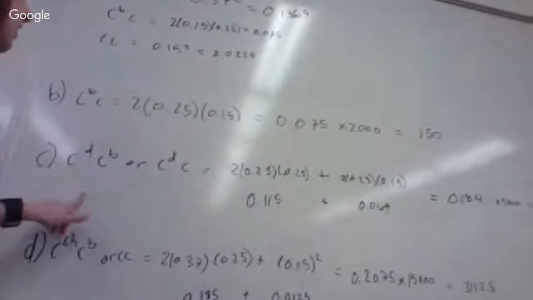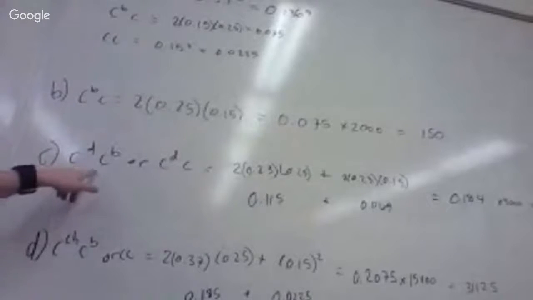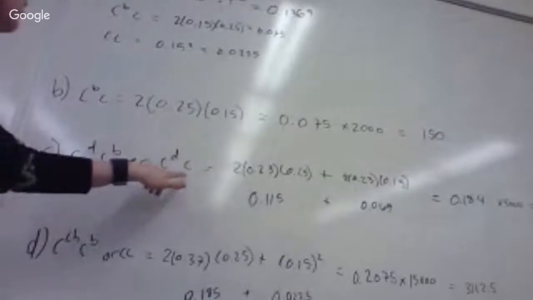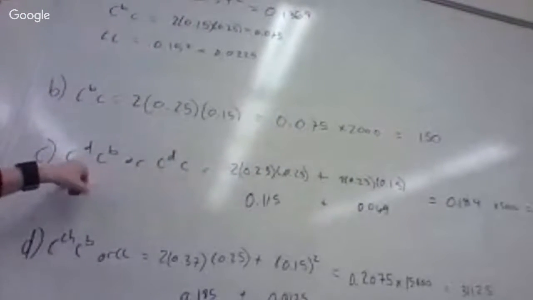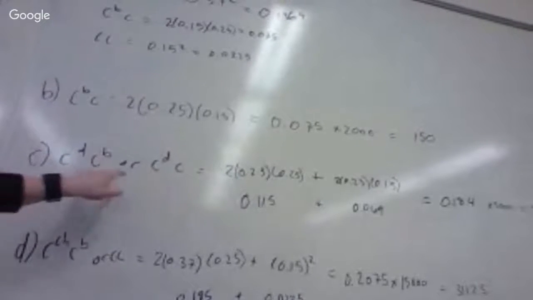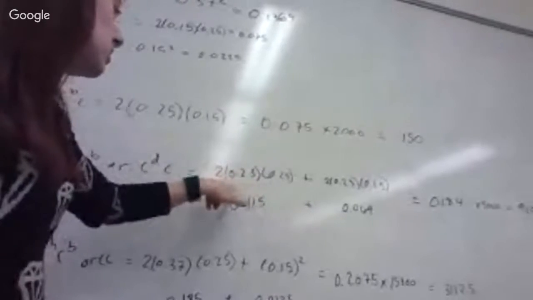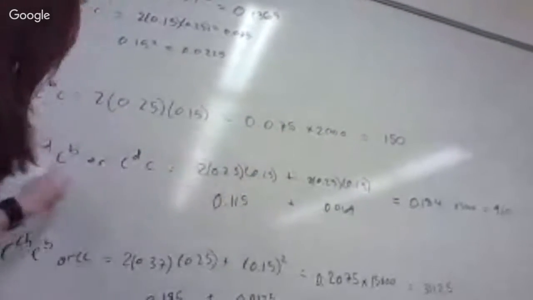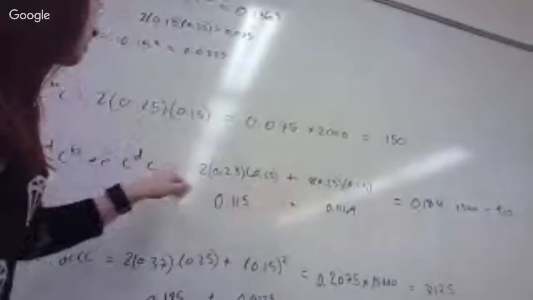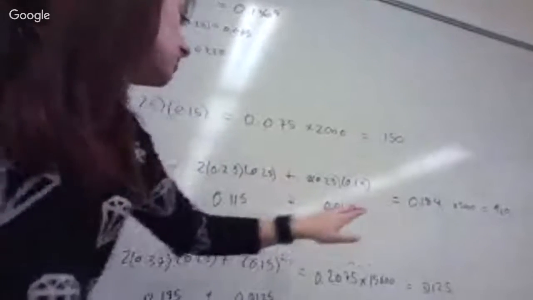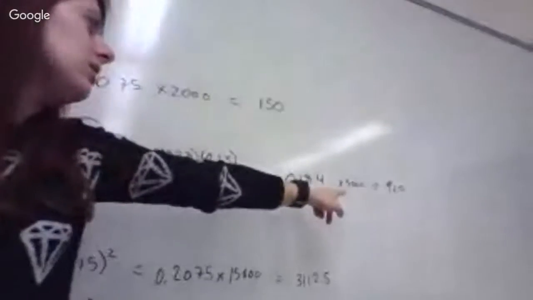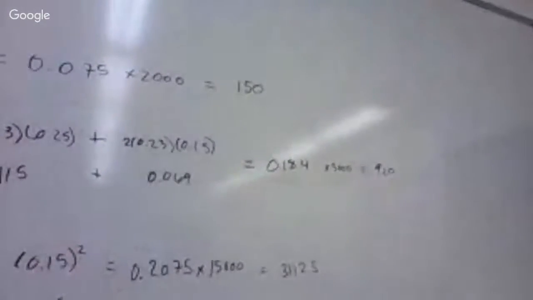For this one, the way it's worded is CD, CB, or CDC. So it's looking for CD to be heterozygous, so those are the only 2 options. You'll do the 2QP for one of them and 2QP for the other, and then you add those together to get the number you need, and times that by the population to get 920.